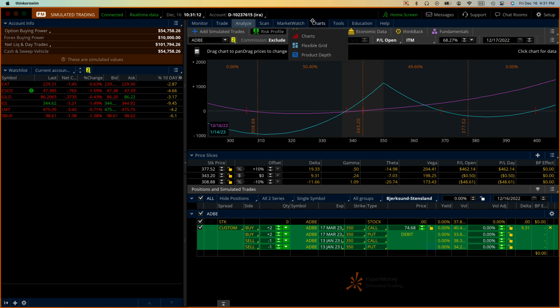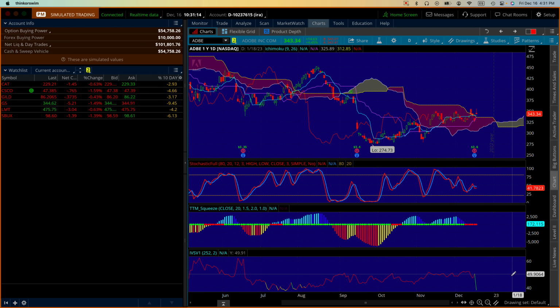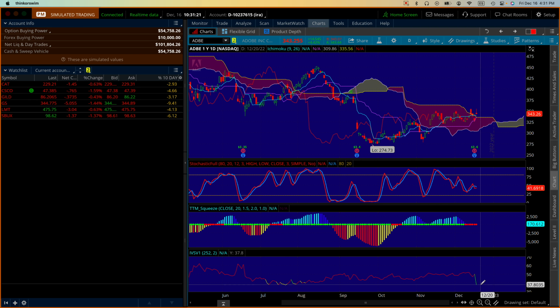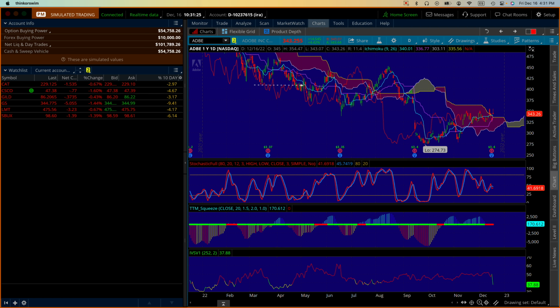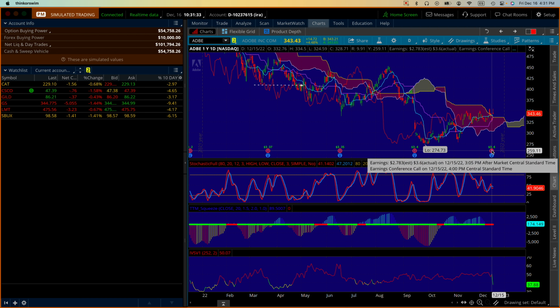Let's take a look at the chart. Look at the volatility. It's dropped after earnings significantly, quite a lot actually, and it's near the bottom of the range. Okay, you can wait a little, but the earnings were better than expected.